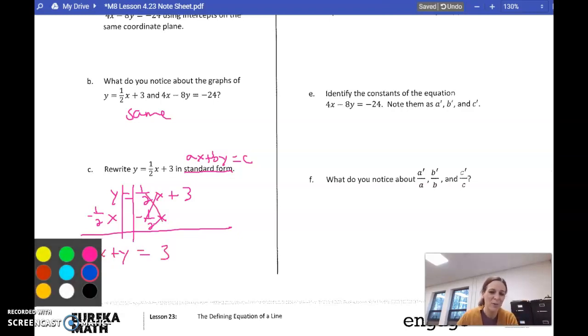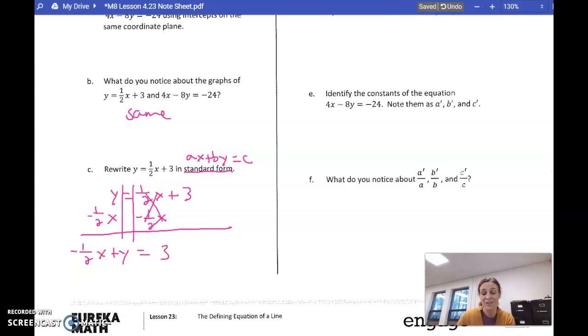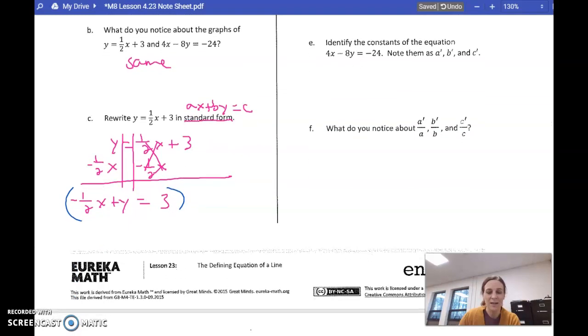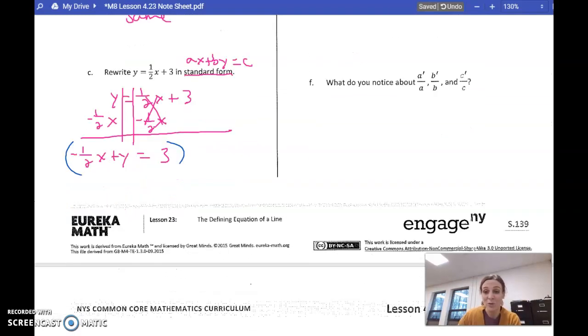That's not standard form though, because this isn't an integer and it's negative. So remember the hint I gave you before. If I want to make my negative go away, I've got to multiply by a negative, and then you just multiply by whatever the denominator is, and the fraction will go away. So negative 2 times a negative 1/2, negative times a negative is a positive. Half of 2 is 1, so that's 1x, plus negative 2 times y is a negative 2y.